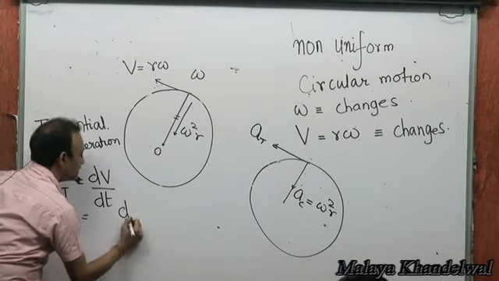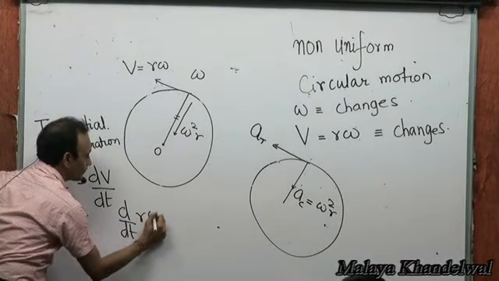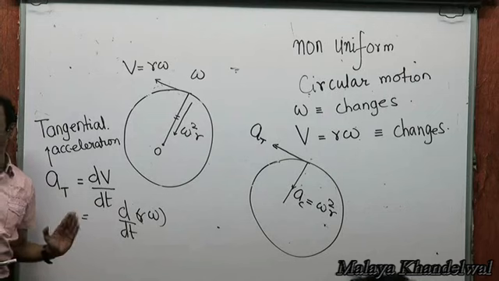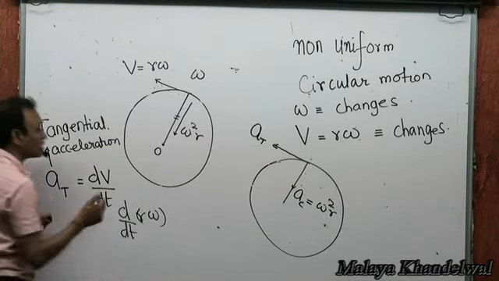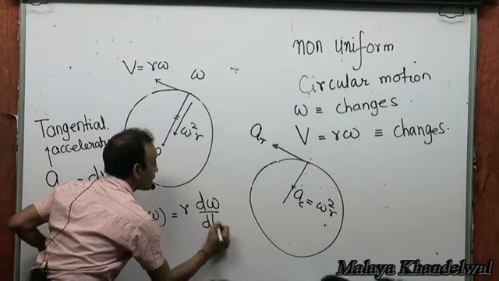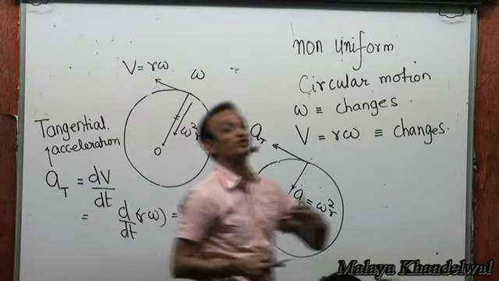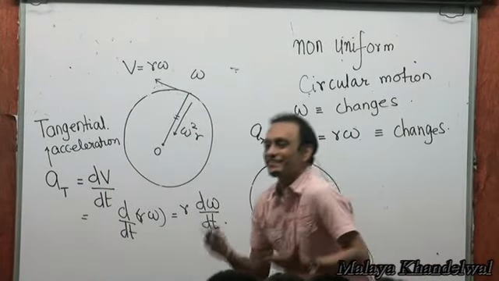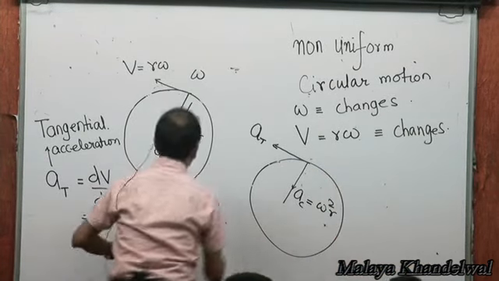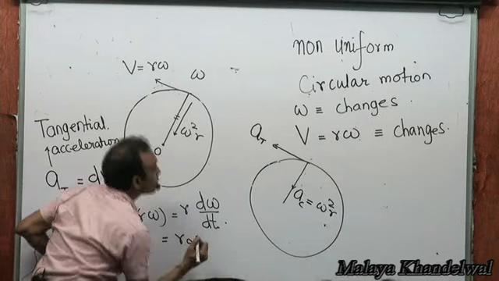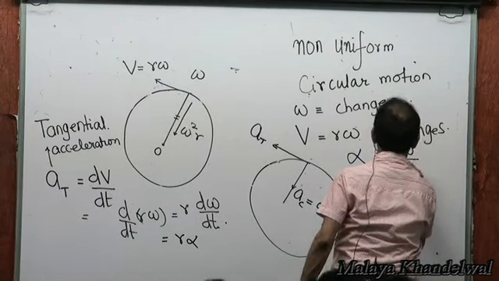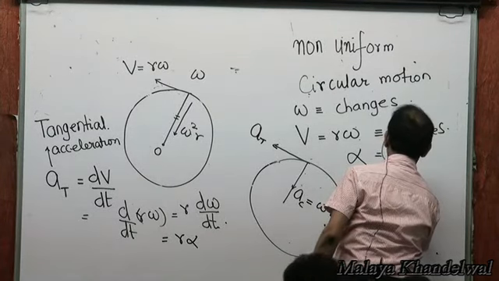That means it's d/dt of r omega. r will come out, but not omega, because omega is not constant. So r comes out, so that makes it d omega/dt. But the rate at which omega changes with time is referred to as angular acceleration alpha. So this is r times alpha, where alpha is d omega/dt, the angular acceleration.